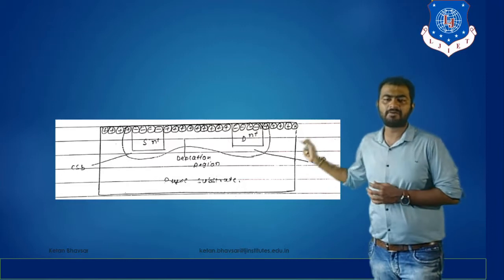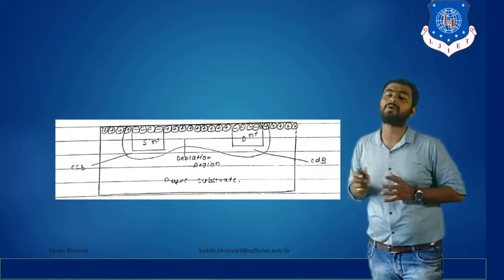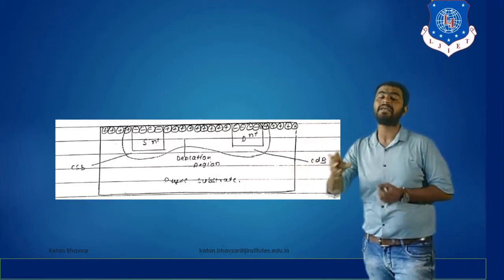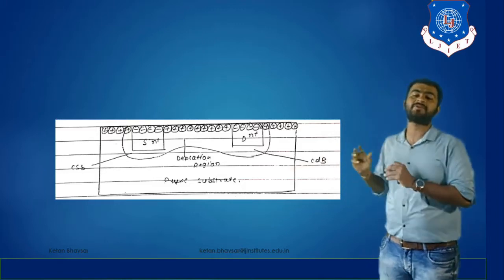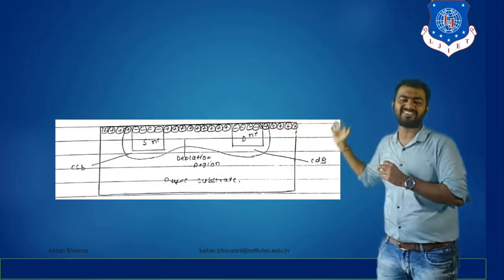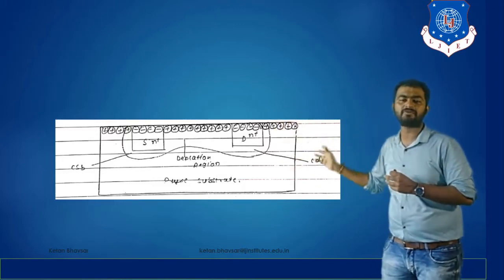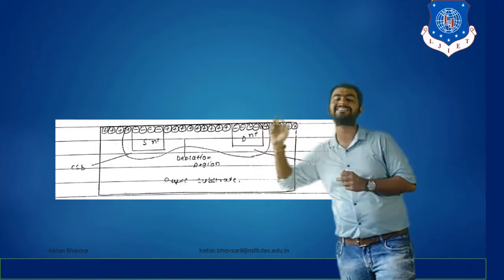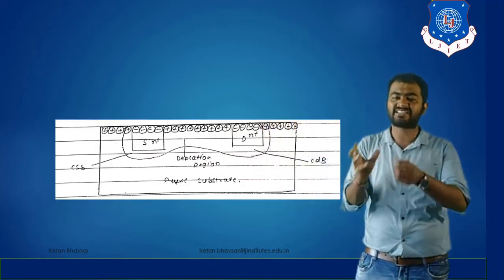So these are the two capacitances we talk about when discussing junction capacitance, produced inside the MOSFET.